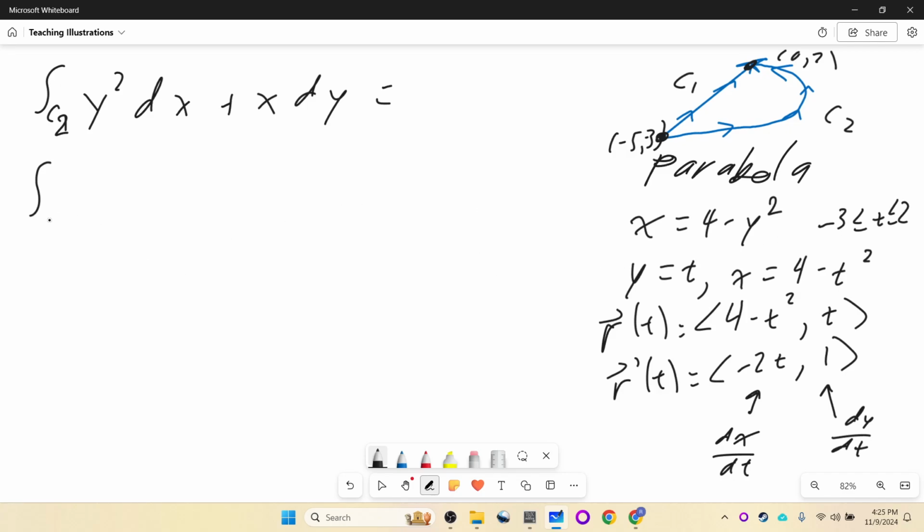So negative 3 to 2 of, okay, y is t, so t squared, and dx is negative 2t dt, plus x would be 4 minus t squared, and dy/dt is 1.